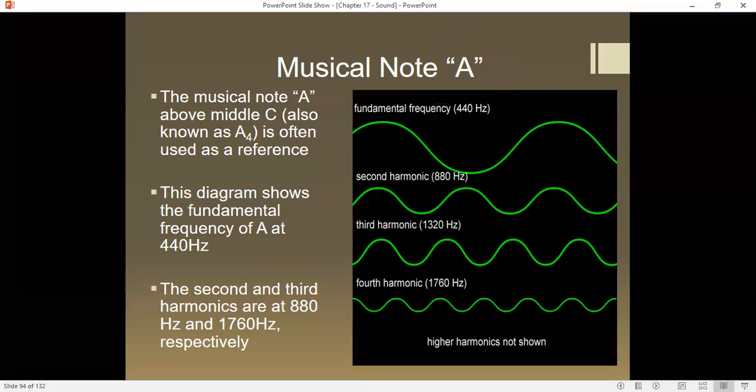Instruments that tend to have a warm, deep tone generally are stronger in the fundamental and weaker in the higher harmonics. Instruments that have a very bright timbre not only have a fundamental, but very strong second, third, fourth, all the way out to very high harmonics.